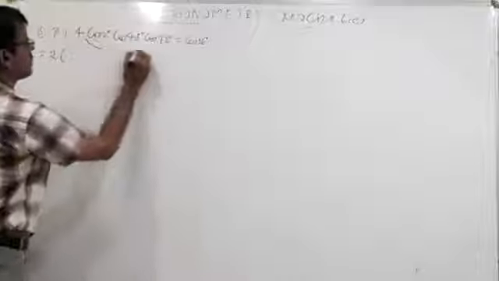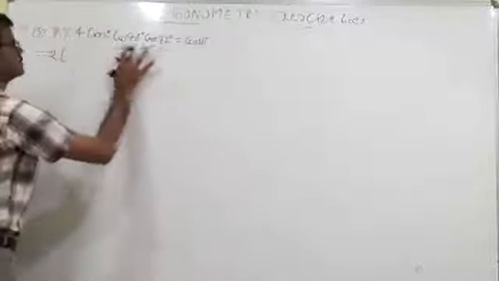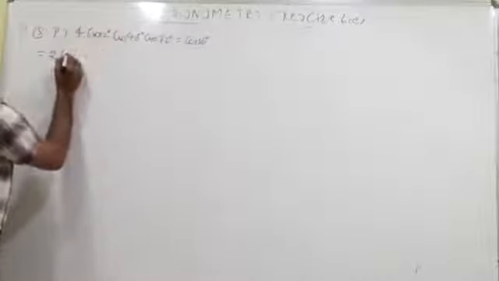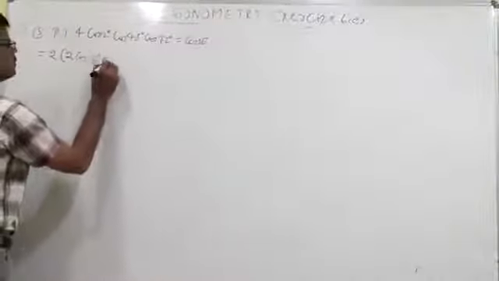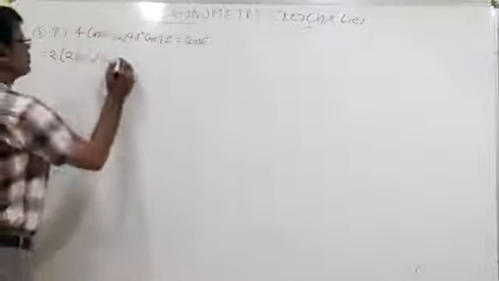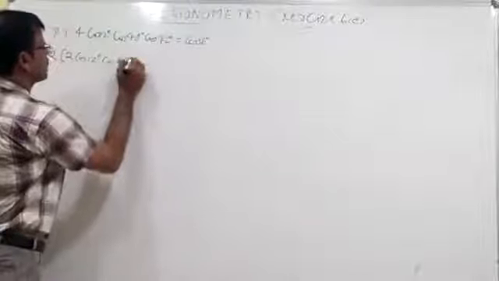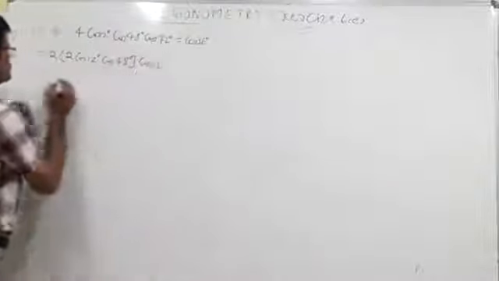Okay, write like this: 12 and 48 only we can take 2 into, right. So 2 into 2 cos 12 cos 48 into cos 72 degrees.